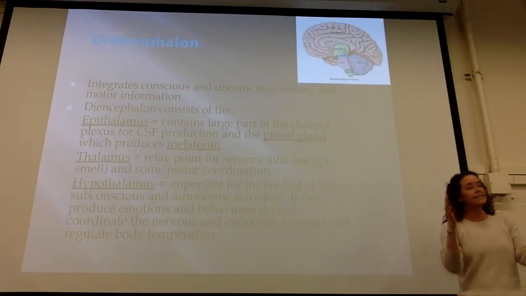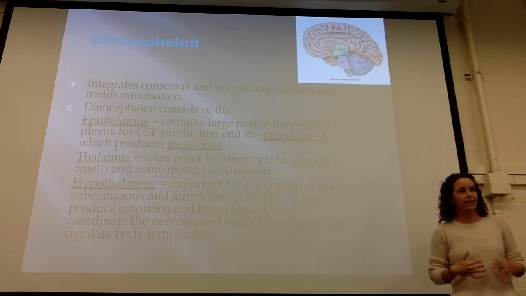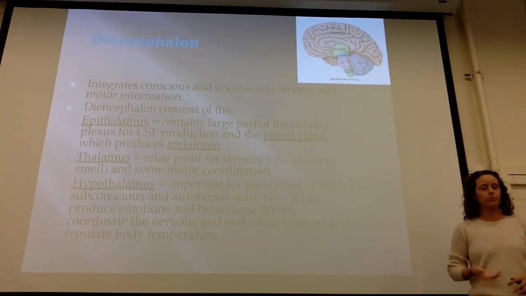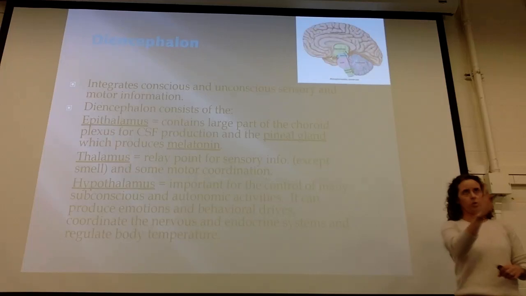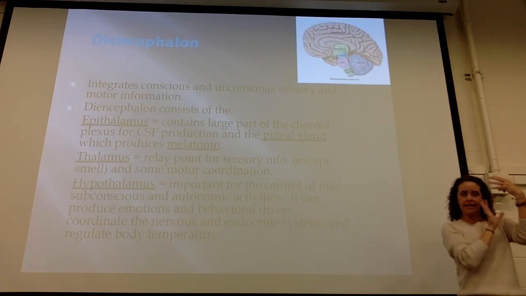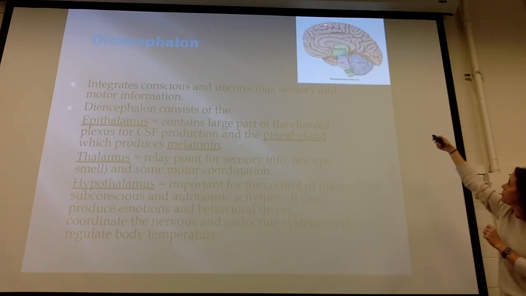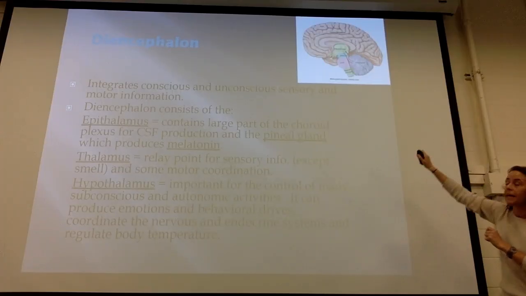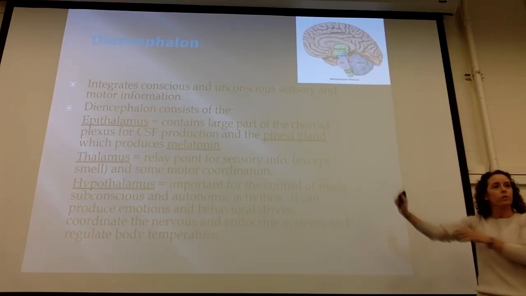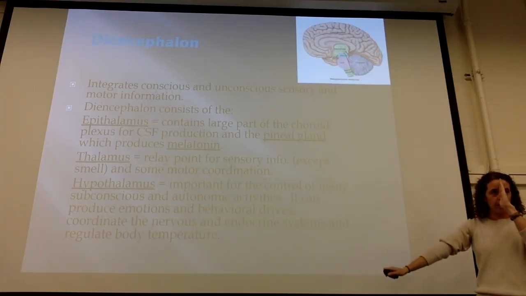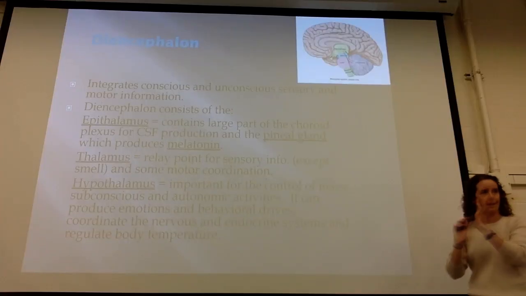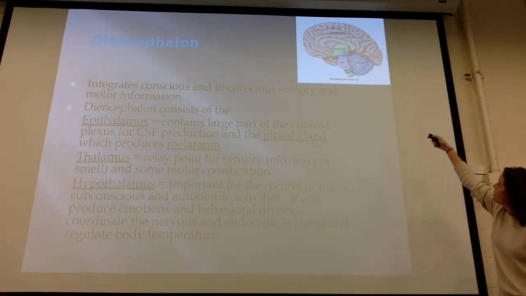Okay, continuing on with the brain, the diencephalon. If you were to cut the brain in half and then take one half and turn it on its side, that's what we would be looking at in this picture up here. This is called a mid-sagittal view. So again, cut straight down the middle, turn it to its side, and that's what we're looking at. So the diencephalon is this guy right here.